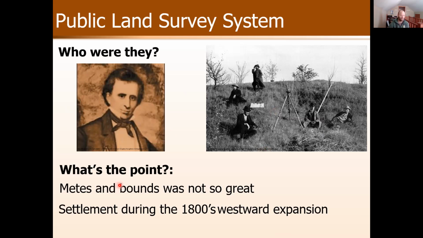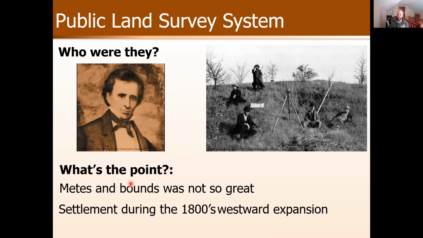And so some of this metes and bounds system was pretty squirrely, if you will, for lack of a better word. It was very much not regimented or repeatable, and a lot of it was just written, go to the big tree and take 100 paces to the north, go to the river, follow the river for 300 paces, and come back.